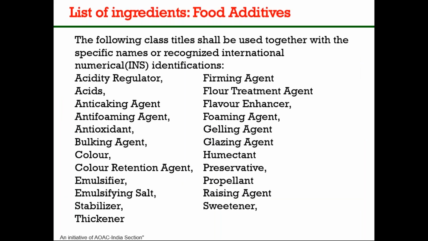So in the list of ingredients, the food additives that have been used in the preparation of the food have to be listed along with either their name or their INS, the International Numerical Identification System for the additive that is used.